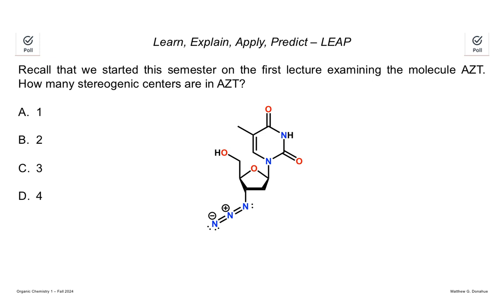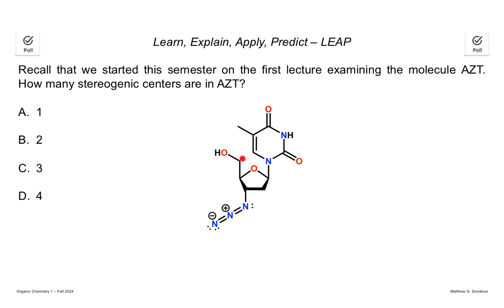How many stereogenic centers does AZT have? So I would say if you start along the backbone here, just go along the rings.